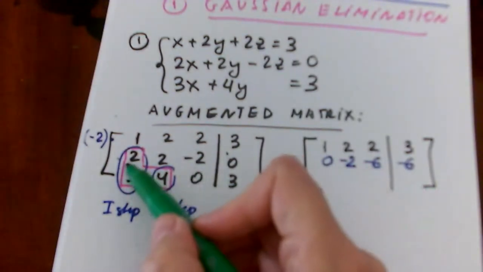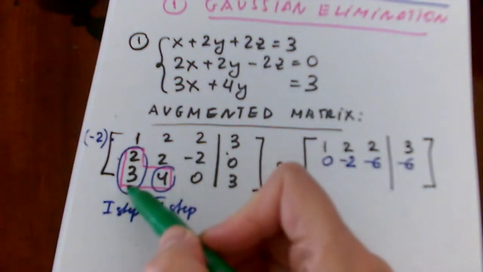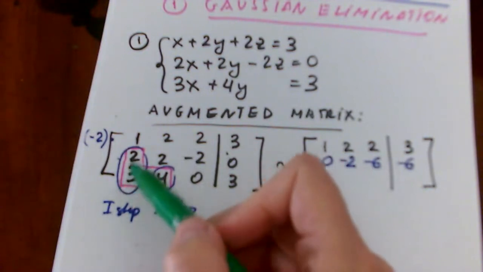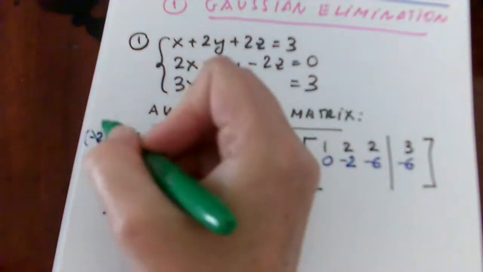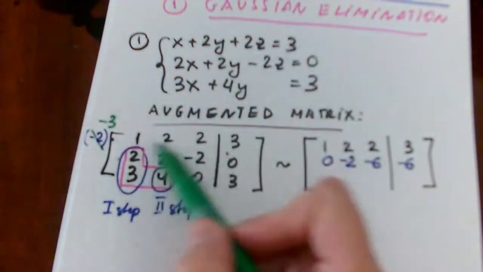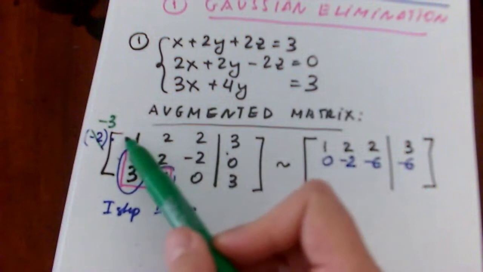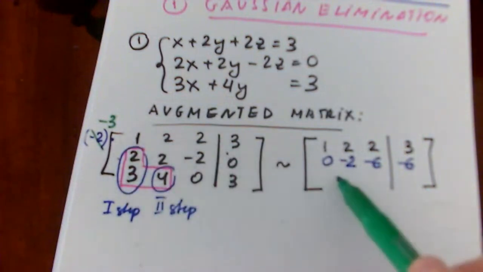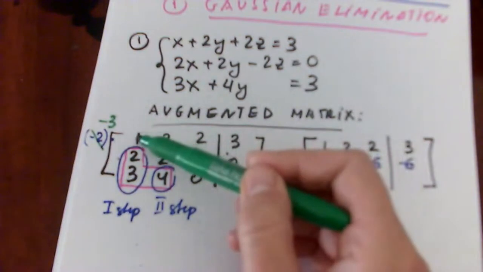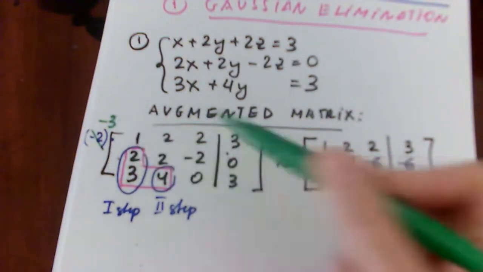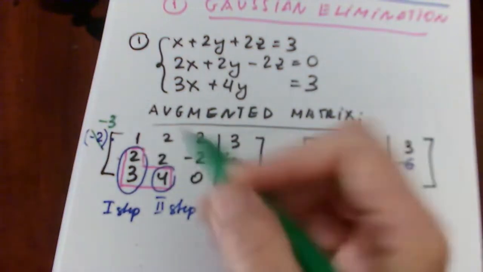We still need to get rid of this guy, 3. And again, we are allowed to use only the first row. So let's multiply the elements of the first row by -3 this time, and add the result to the third row and write it down in the place of the third row. Okay, 1 times -3 will be -3. -3 plus 3 will be 0.